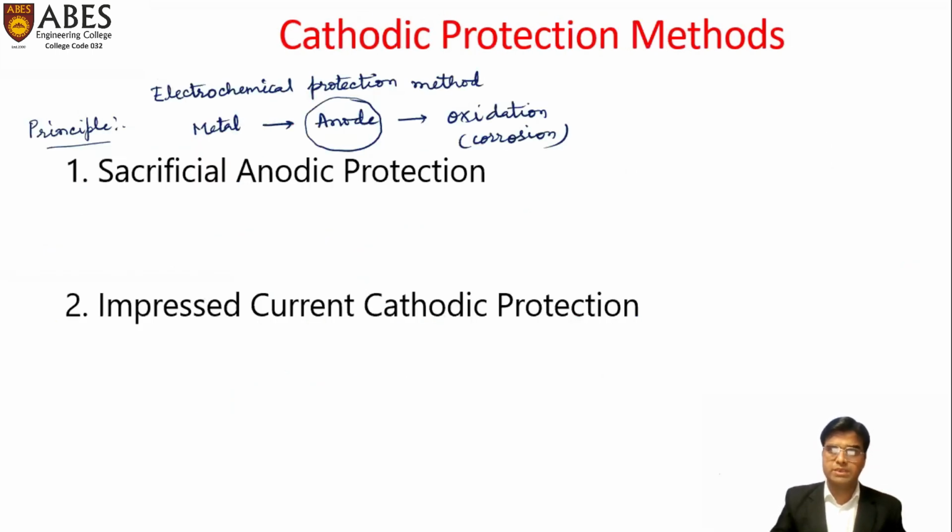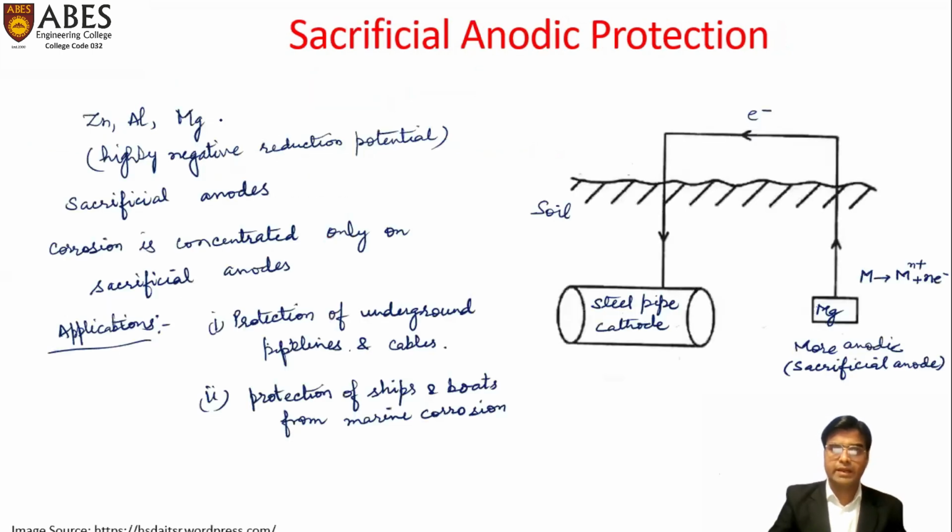Among the cathodic protection methods, the first method is sacrificial anodic protection, where the base structure of the metal is connected to more anodic metal, and the more anodic metal sacrifices itself to protect the base structure from corrosion.